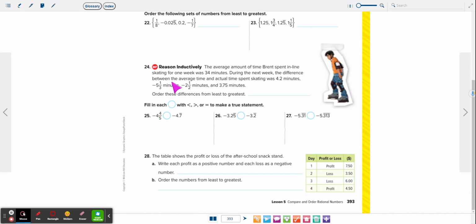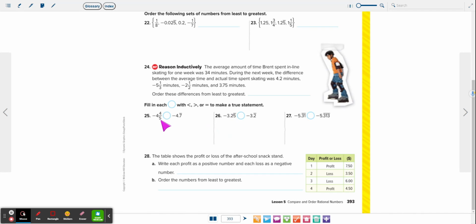During the next week, the difference between the average time and the actual time spent skating was 4.2 minutes, 5 and 1/3 minutes, negative 2.5 minutes, and 3.75 minutes. Okay, so order these differences from least to greatest. So you're just going to take these numbers and put them in order from the smallest to the biggest.